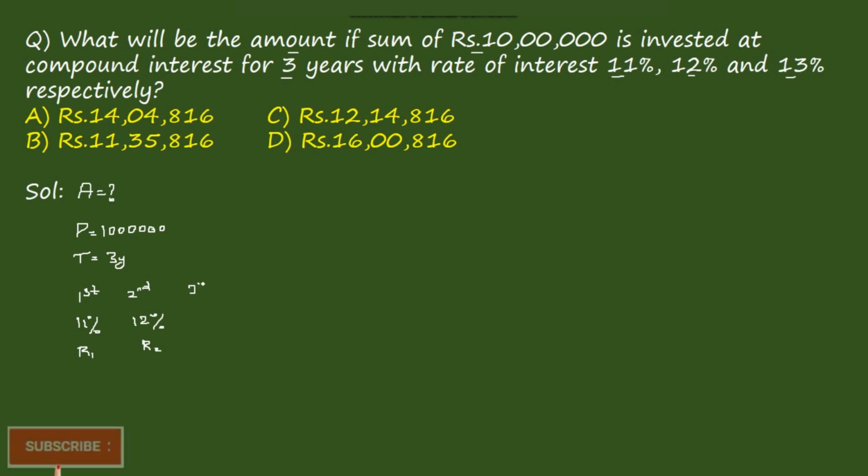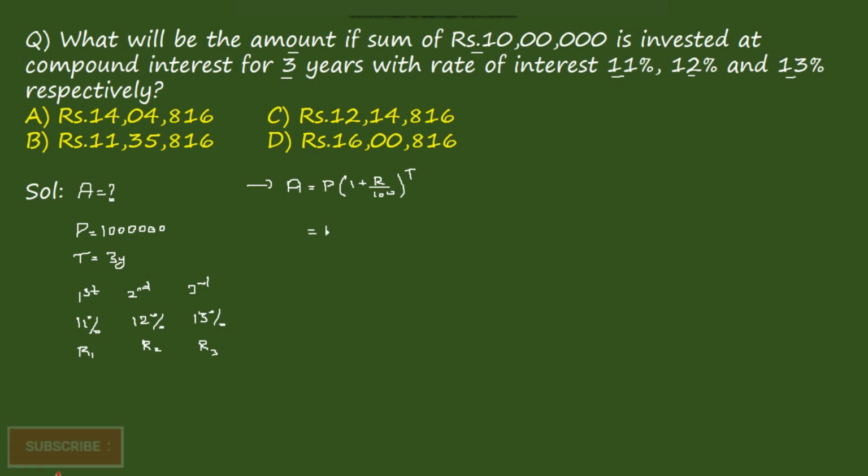For the third year, it is taking 13% interest, so it is R3, right? This is given. You have to find the amount, right? Here we know the formula for the amount is equal to P into (1 plus R by 100) whole power T. But for the first, second and third year, the interest rate has been changing. So we'll be just multiplying it.